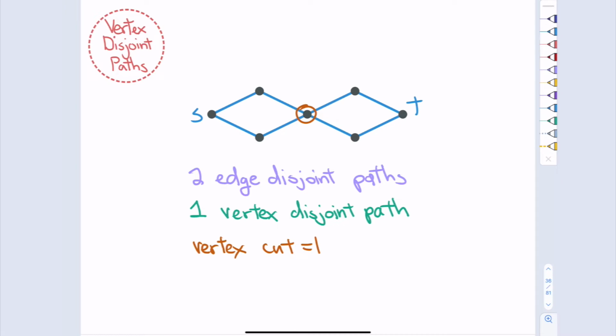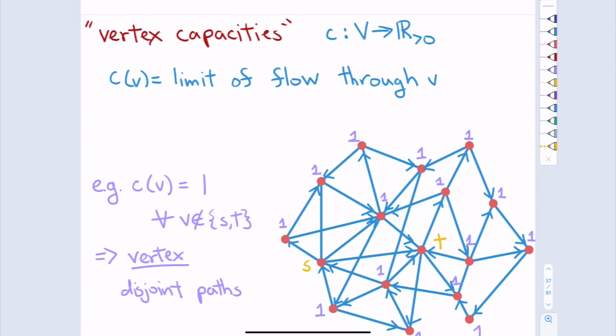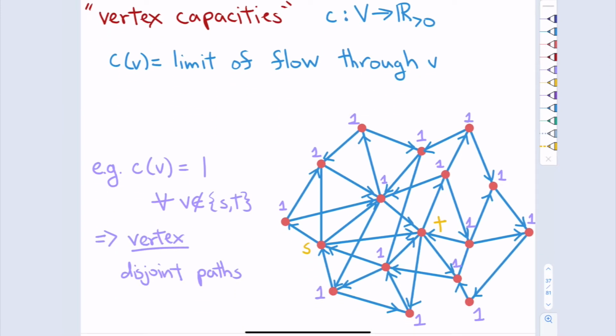Okay, so this is a very natural extension or variation of edge capacities. In general, vertex disjoint, I can think of that as capacity 1, but I can in general have lots of capacities on the vertices of varying amounts, saying kind of how many paths can go through this vertex. Okay, so this is very natural.